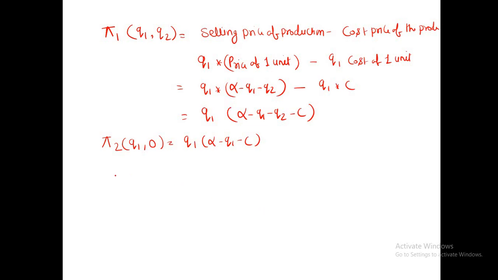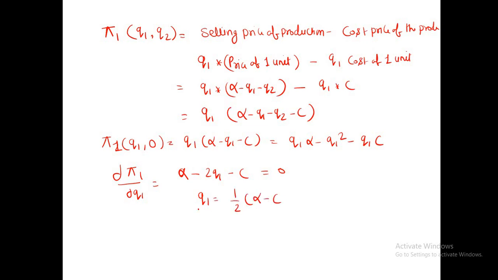Now, how can we maximize this profit? To maximize this profit we need to take the derivative of this function with respect to Q1, and what we will get? We will get Q1 alpha minus Q1 square minus Q1 C. Now we take the derivative of it, we will get alpha minus 2Q1 minus C, and we equate this with 0, and we will get Q1 is half of alpha minus C, right?